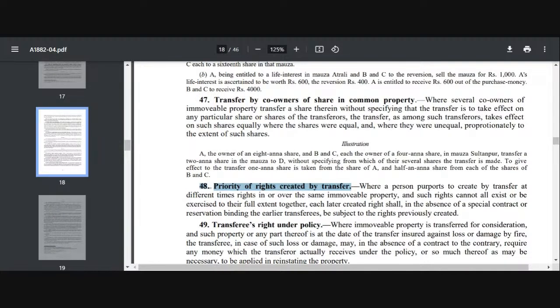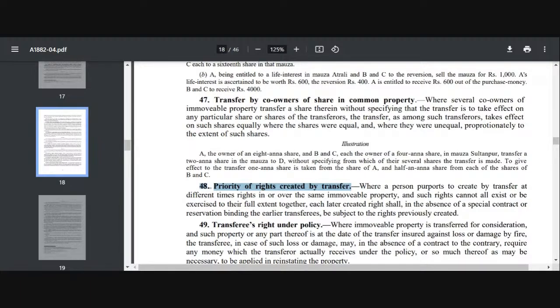See, I have written the maxim in the chat box. It means first in time is better in law. Right?